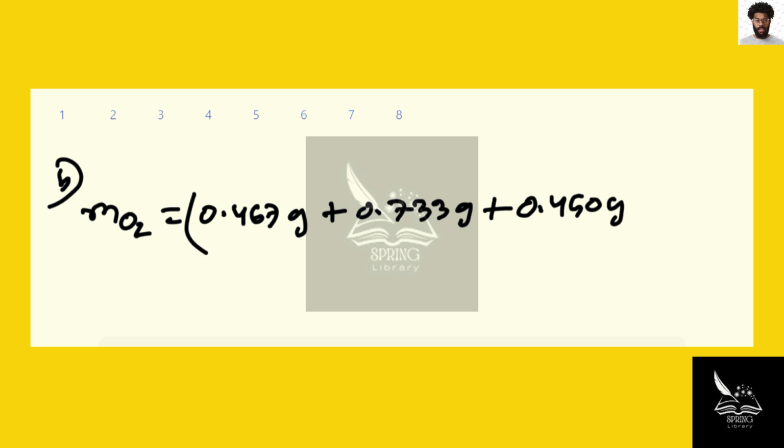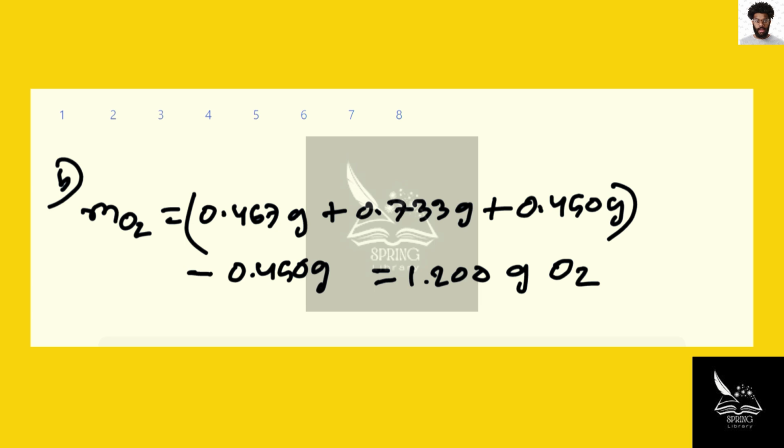So this is the total mass of the products, minus the mass of the other reactant, or the hydrocarbon, which is 0.450 gram, and this will give us a value of 1.200 gram O2. That means this is the mass of oxygen which has taken part in the reaction.